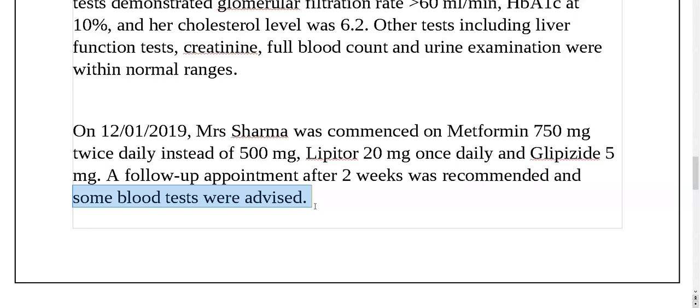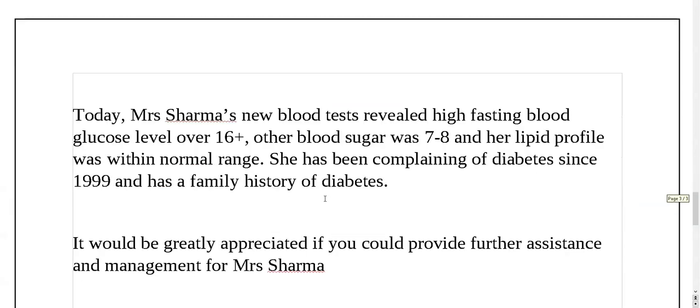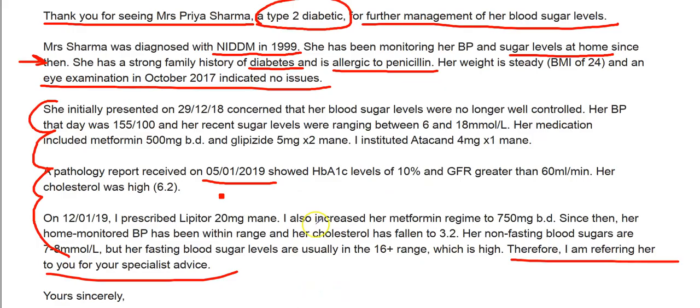What does that mean? Advised by whom? You advised her, so we don't even need this. It's a waste of words. All you've got to do is say she came back after 2 weeks and her blood tests revealed blah blah blah. Okay, that's it.